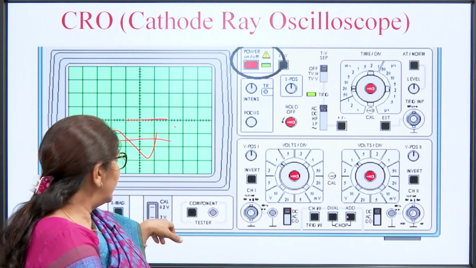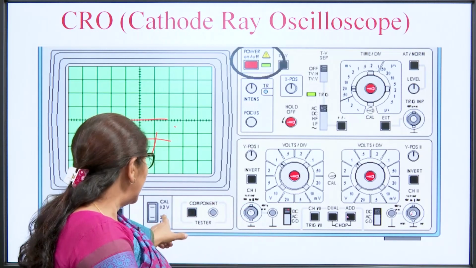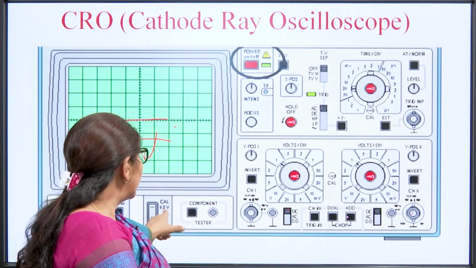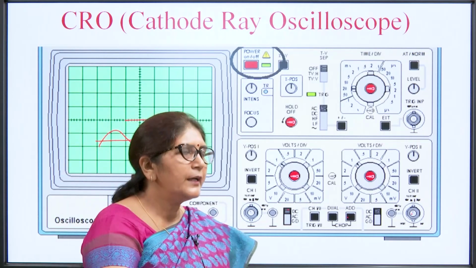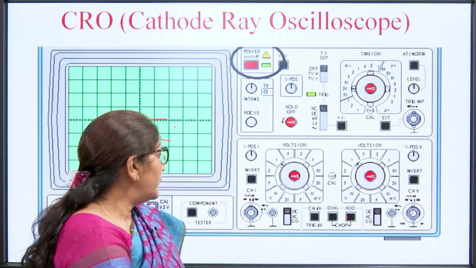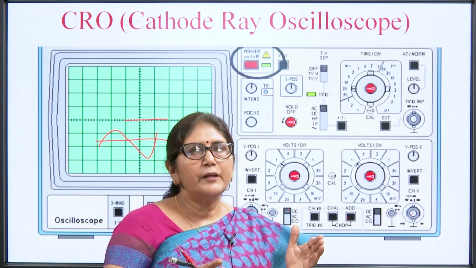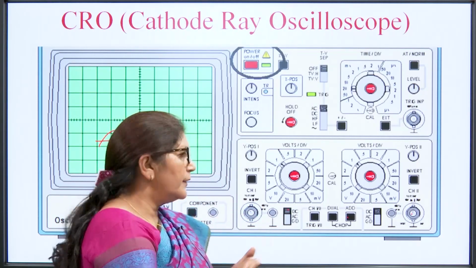We can find out the voltage till 2 volt or 0.2 volt. Suppose we have put this knob at 0.2 volt, and then we will put the other knob at the calibration position. Then we will see whether the voltage is 2 volt or not. That way we can calibrate this.